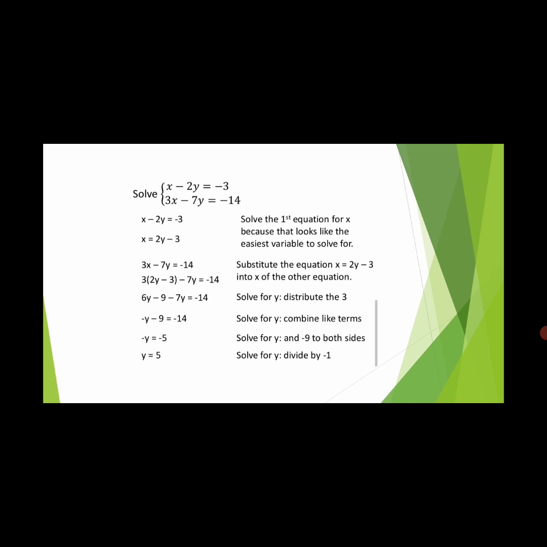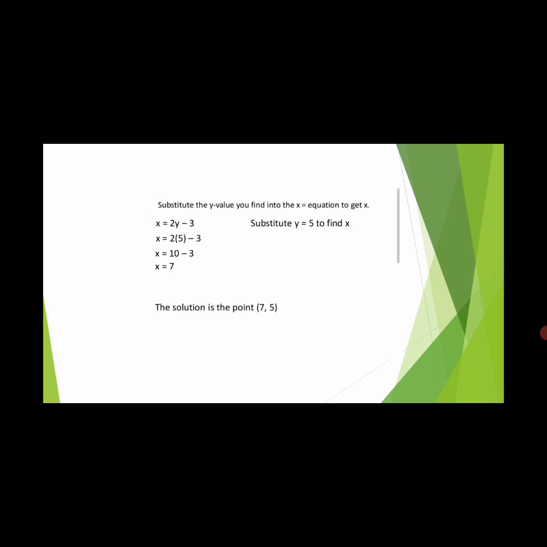The x value is 2y minus 3. Now we get the y value equal to 5. Substitute the y value into the x equation to get x. X equal to 2y minus 3. The y value is 5, so we finally get the x value as 7. So the solution point is 7, 5.